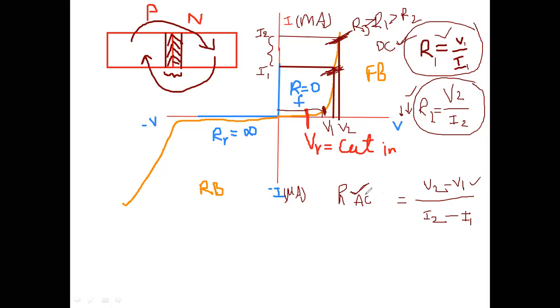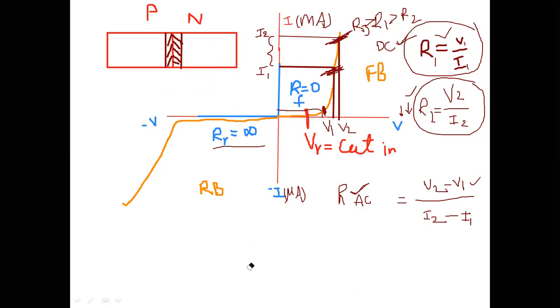And in reverse bias condition, if I take ideal characteristics, the resistance must be infinite, but it is not the case in reverse bias. If I increase the reverse bias voltage, what will happen?